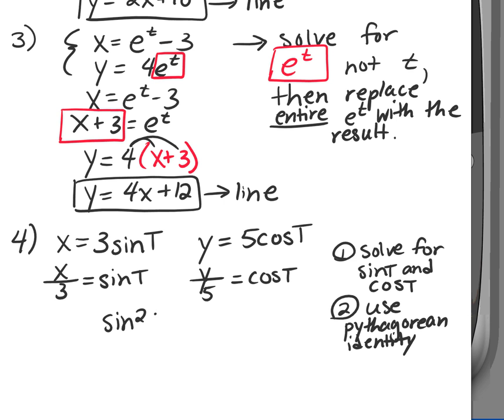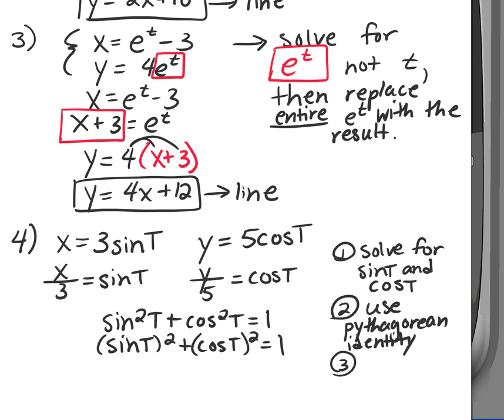So sine squared t plus cosine squared t is equal to 1, or vice versa, you could do cosine squared plus sine squared. And remember, this is a shorthand notation for sine t squared and cosine t squared. So having the squared attached to the word part of the function is really saying the whole function is being squared.